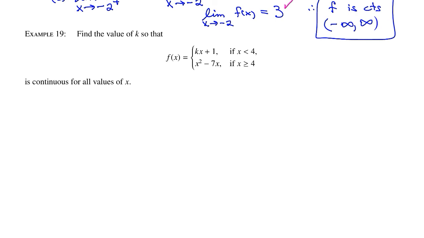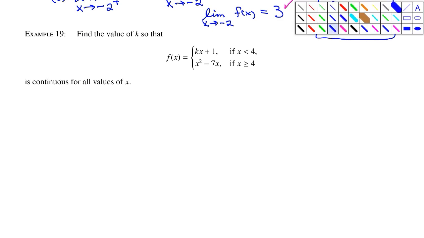So the first thing I would want to know is the limit. Let's look for the limit as x approaches 4. Again, it's one of these situations where we have polynomials before 4 and polynomials after 4. So the only real concern is at 4. In order to figure out what this is, I need to find the left limit.